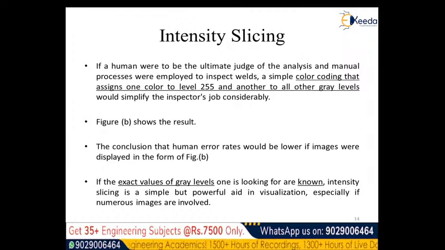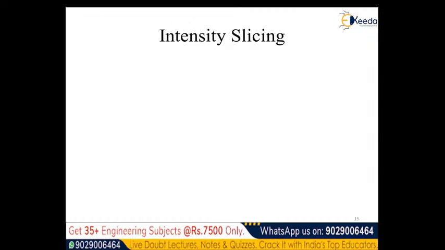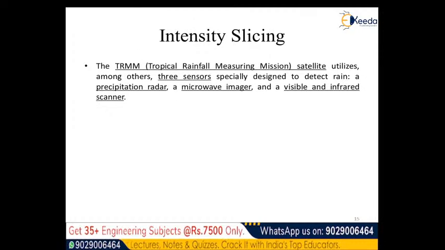Now the third example I can give for this intensity slicing, and then we will conclude it and start with the gray level to color transformation, the other technique here. This is the example of the TRMM, the Tropical Rainfall Measuring Mission, which is made with the help of satellite sensors.